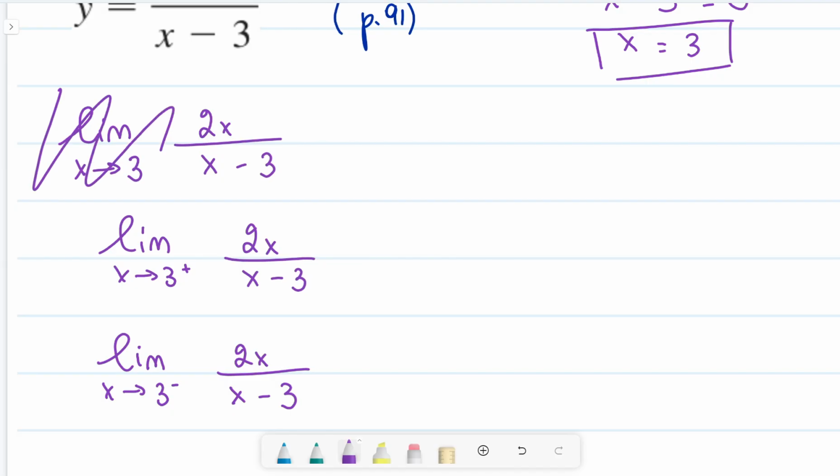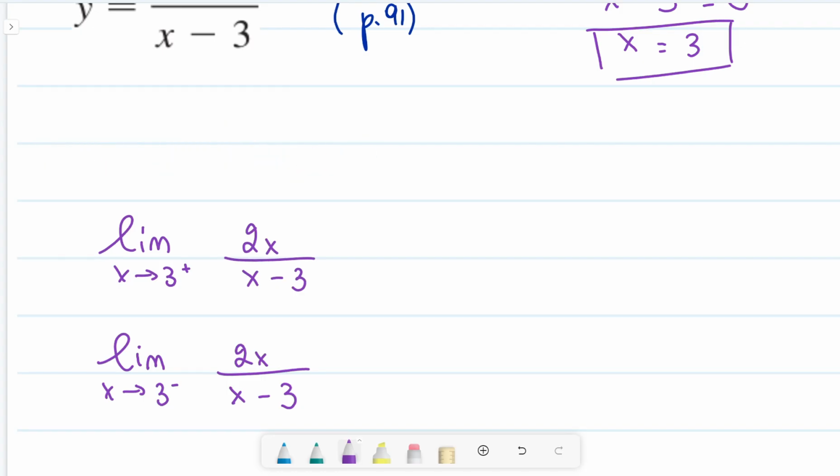So in fact, we do not need to find the overall limit. We can just find the right-sided limit or the left one, because if only one of them is infinity or negative infinity, this would be a vertical asymptote. Let's check the limit of 2x divided by x minus 3 as x approaches 3 from the right.